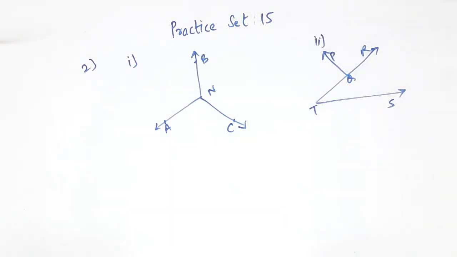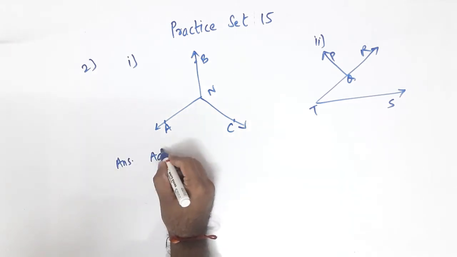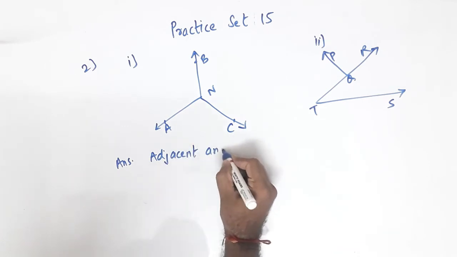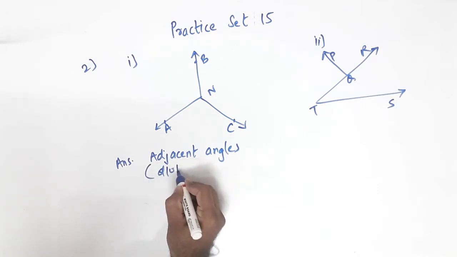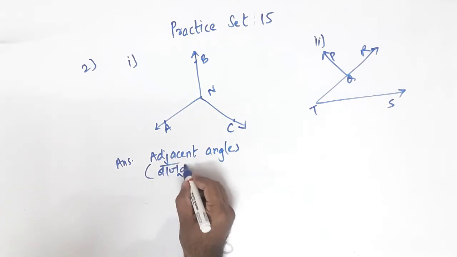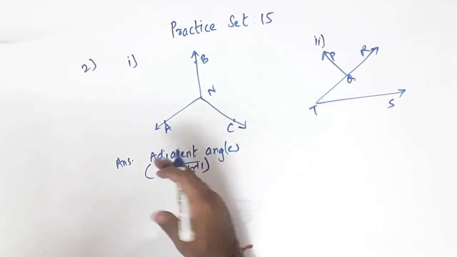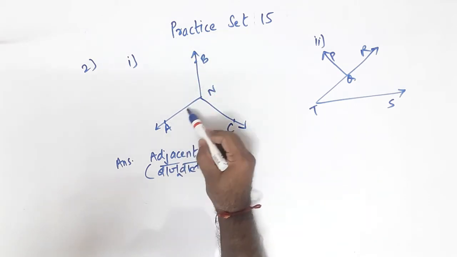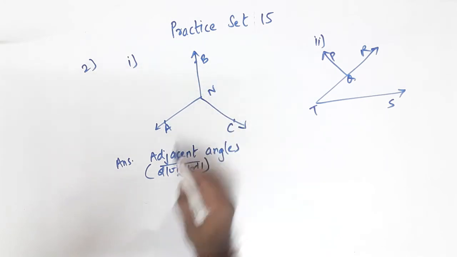Second one says that we have to write the pairs of adjacent angles. You know what is the meaning of adjacent? Adjacent means side by side. It means baju wala. Okay, so if this angle I am saying ANB, what is the adjacent angle of ANB?